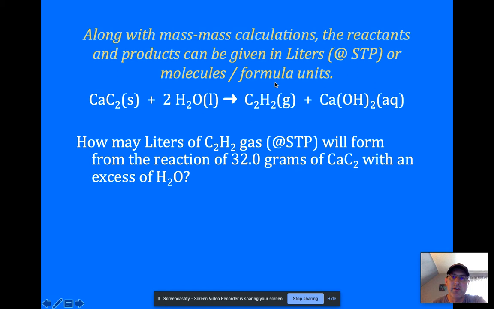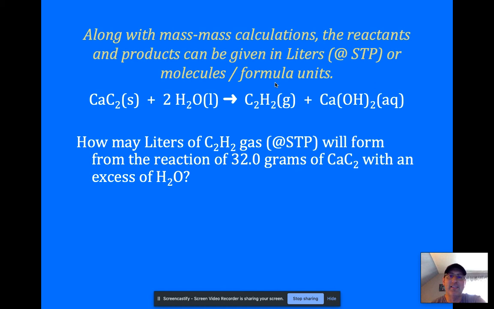The other conversion that you've done already is the molar volume of a gas, and that is that 1 mole of any gas at STP, which stands for standard temperature and pressure, occupies 22.4 liters of space. So that is your third conversion.